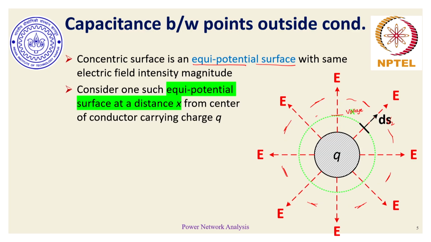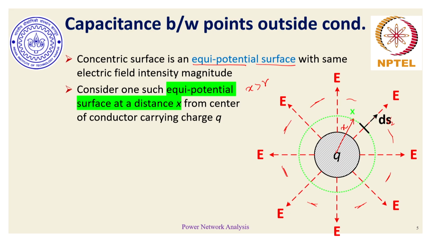So we consider one such equipotential surface at a distance x from the center of the conductor. This green circle has a radius of x, where x is definitely more than r, small r being the radius of the charged conductor.